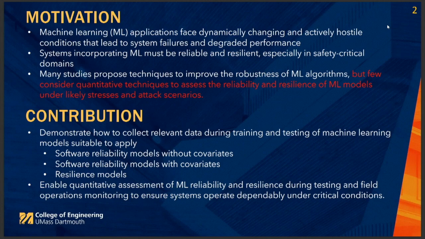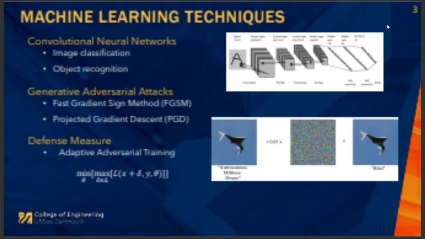We demonstrate how to collect data during training and testing of machine learning algorithms suitable for the application of software reliability models with and without covariates, and also resilience models that Priscilla explained a little bit before today. This approach enables quantitative assessment of machine learning reliability and resilience during testing and also field operations to ensure systems operate dependably under critical conditions.